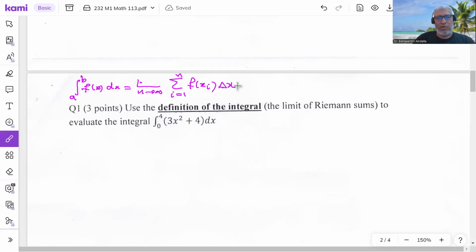This is the definition of the definite integral, and this is the limit of Riemann sums. What is delta x? It is b minus a over n, so this is b and this is a, and we divide by n. And what is xi? The definition of xi is a plus i times delta x.